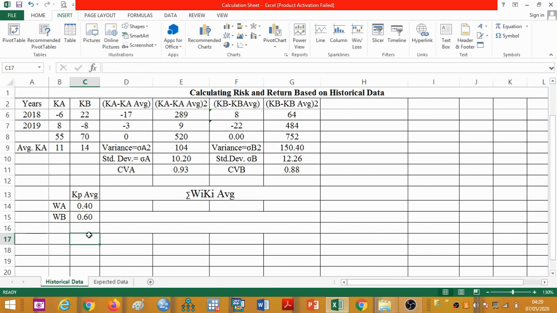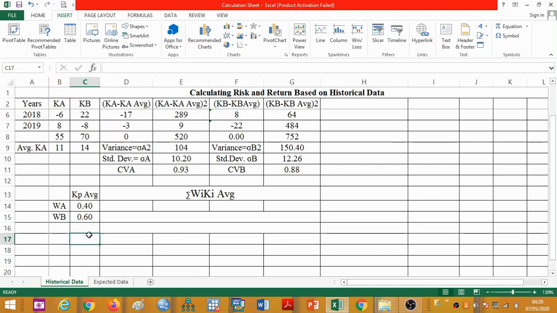These are assumed values, and you can take different combinations. A portfolio can be 50-50% equally distributed, it can be 70-30, 30-70, and so on. So we are assuming 40% of the investment in A security and 60% investment in B security.